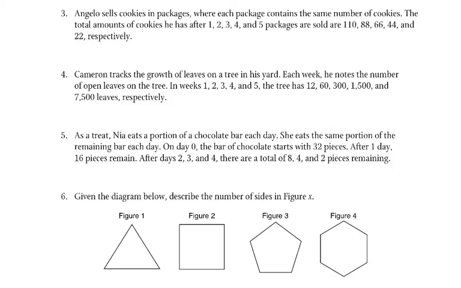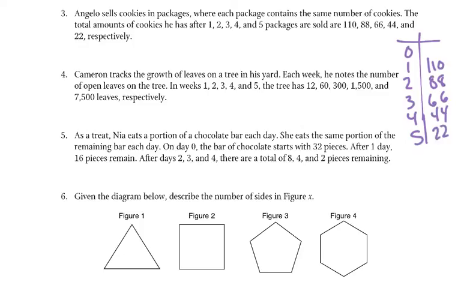Angelo sells cookies in packages where each package contains the same number of cookies. The total amount of cookies he has after are as follows. Starting at 1, 110, 88, 66, 44, 22. So, do we see a pattern here? Subtracting by 22.